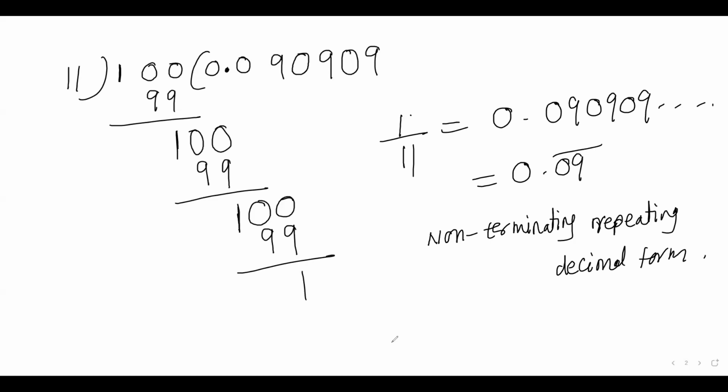Whenever you factorize the denominator, if you are getting a prime number other than 2 and 5, apart from 2 and 5, in the factorization of the denominator, then that will be non-terminating repeating decimal. Got it?